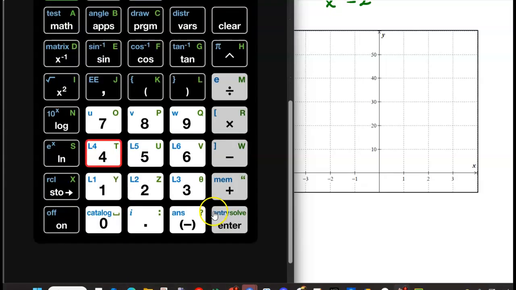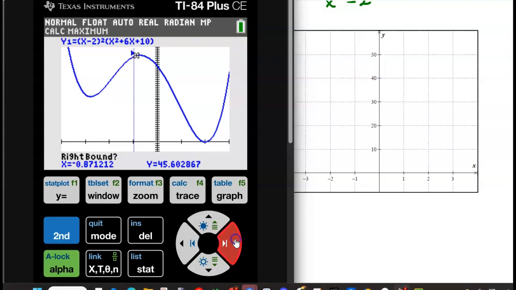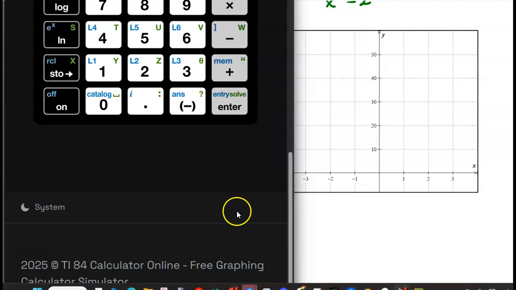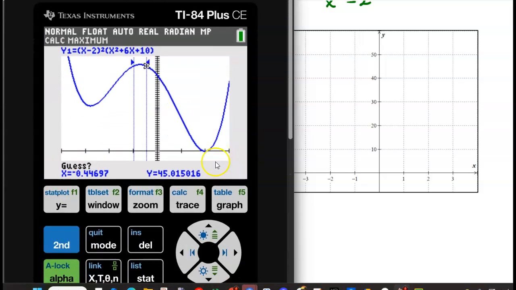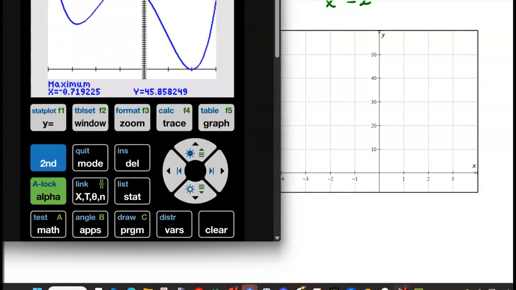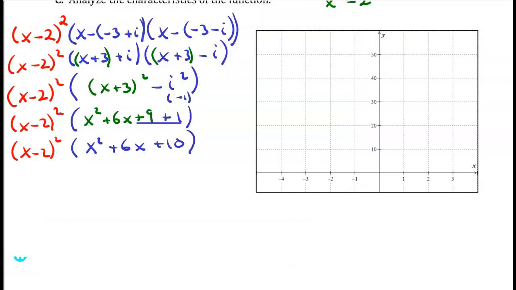So left bound, enter, right bound, enter. Good guess. Enter. And we can see, yes, -0.72 at 45.89. No, 45.86. There we go. So just as you're graphing it, you can be somewhat accurate if we do all these properly. So that would put us somewhere right around here, and you can write those in.